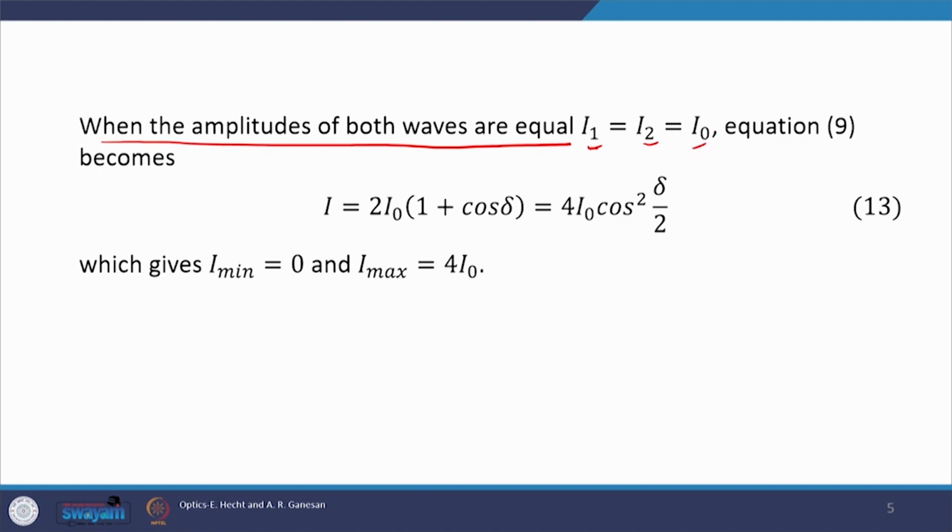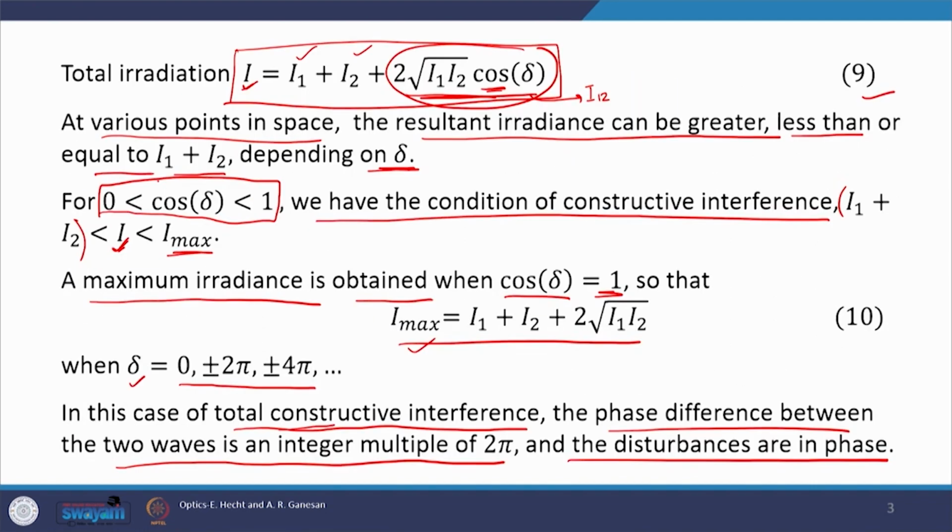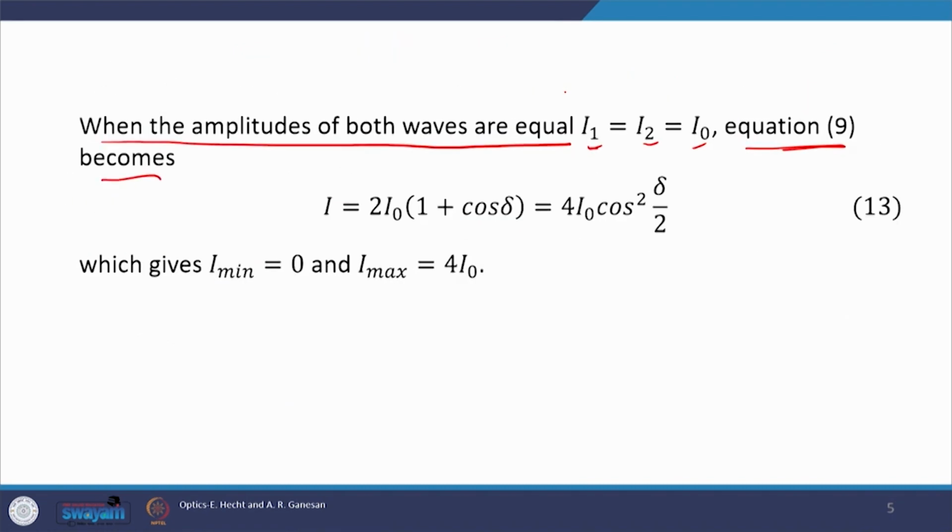In this particular case, equation 9 which we derived in the last lecture, which is given here, in this equation, if we put I 1 is equal to I 2 is equal to I naught, then the resultant irradiance I can be expressed by equation number 13, which says that I is equal to 4 I naught cos square del by 2, and let us calculate the I max and I min for this particular case.